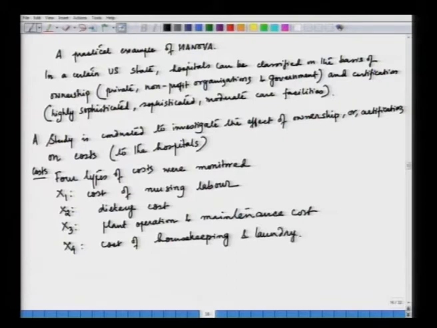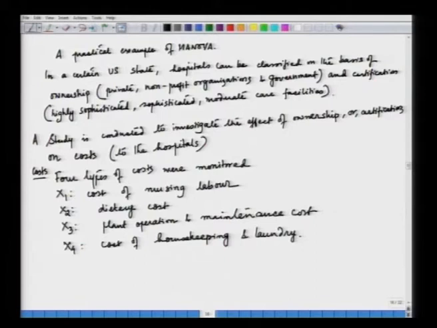We would like to see what is the level of effect of these costs on the ownership factor. The ownership factor has three levels: private, non-profit organizations and government.